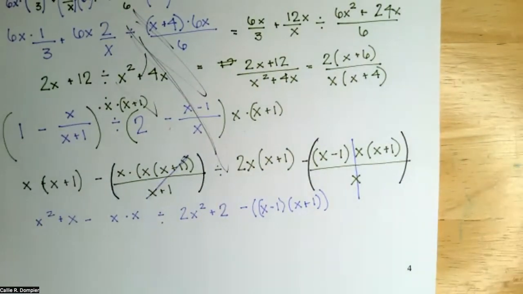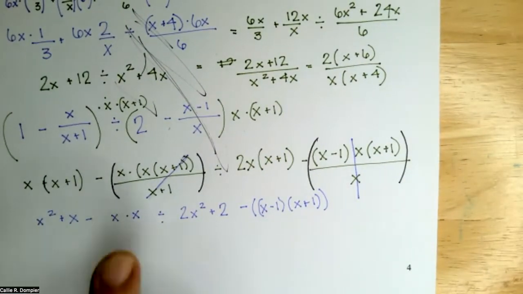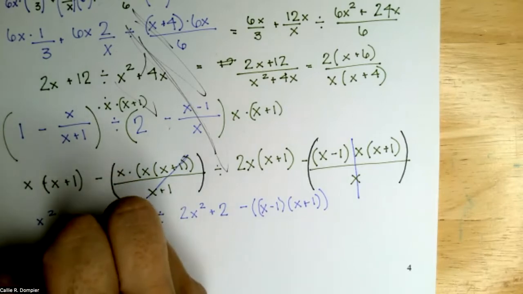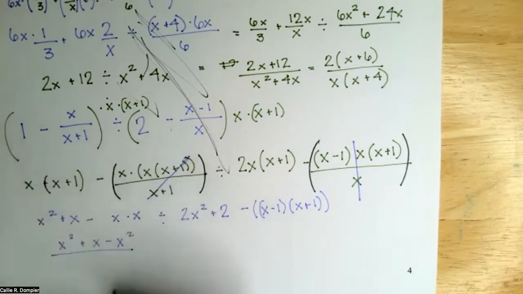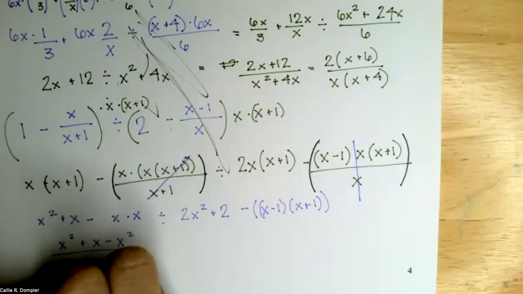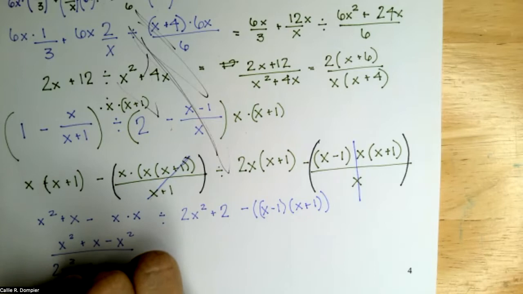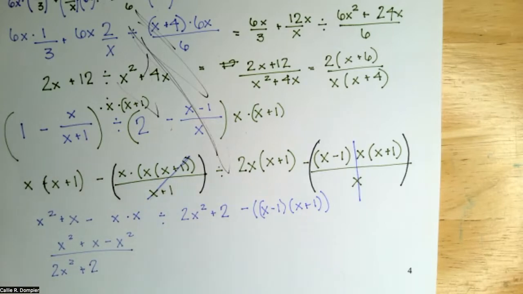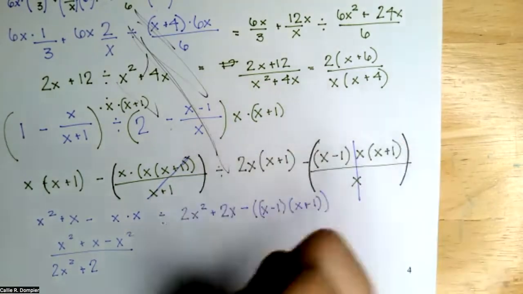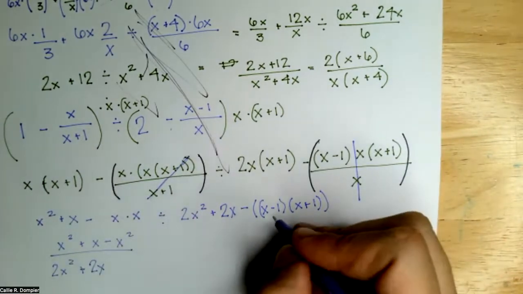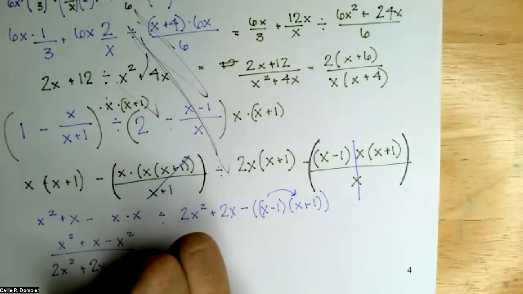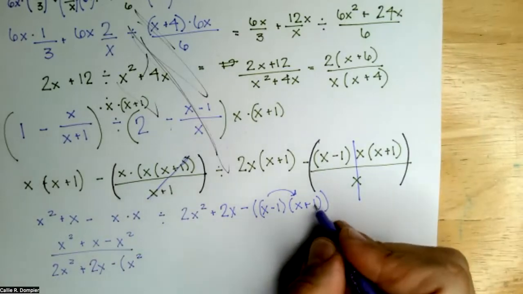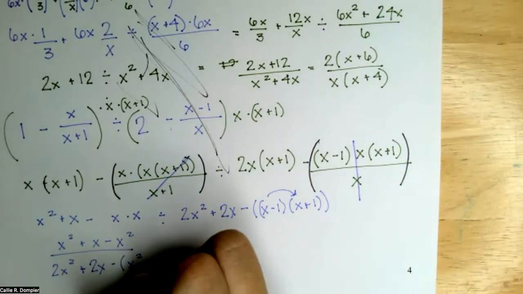So x times x is just x squared. So that's x squared plus x minus x squared divided by 2x squared plus 2x. Sorry, x times x becomes x squared. x times a positive 1 is just x.